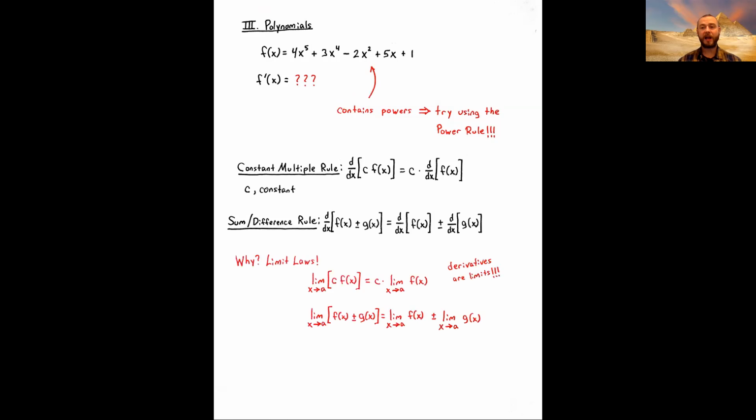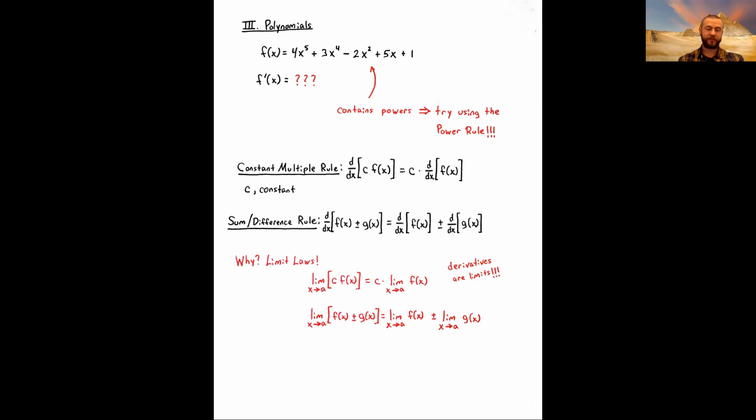We mentioned at the time when we were introducing the limit laws, we didn't really have any use for the limit laws at the time, but they are the foundation for now. The limit laws are the reason why these new differentiation rules, the constant multiple rule and sum and difference rule, are true. They look almost identical, and that is because derivatives are limits.